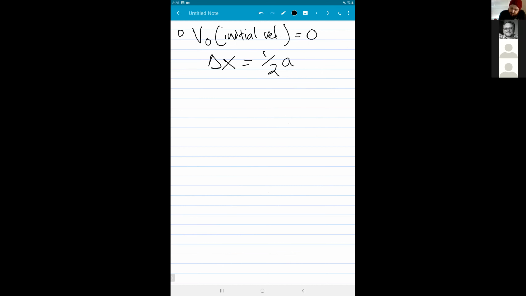Of course, if you have your initial velocity equal to 0, then you can see that our change of position will just be 1/2 acceleration times however much time squared. Cool. Another thing to note about this equation, delta x equals v naught t plus 1/2 at squared, is that this is a quadratic, right?